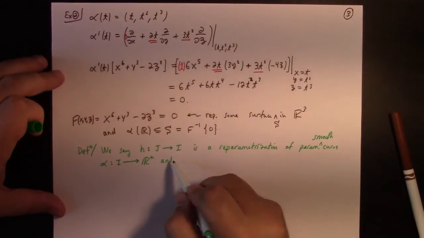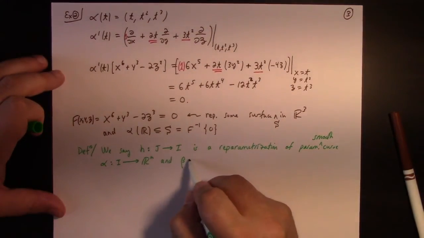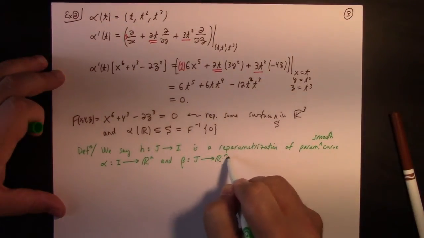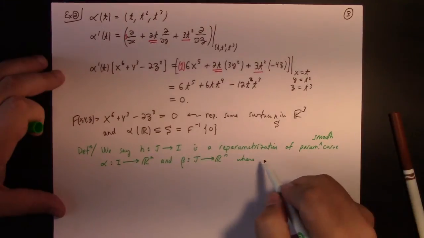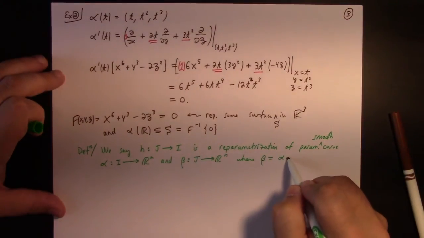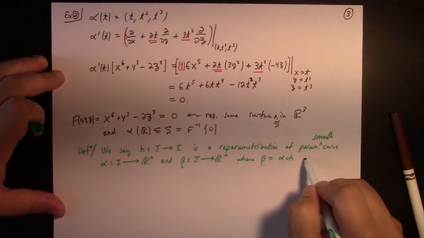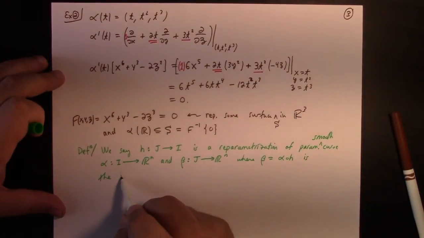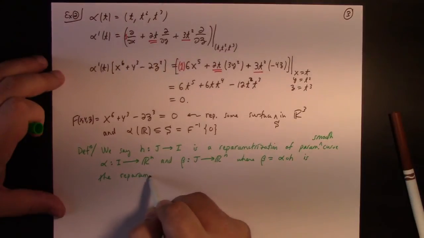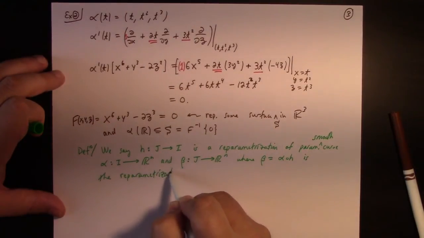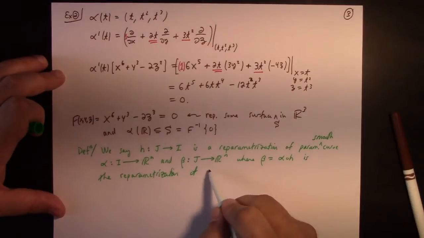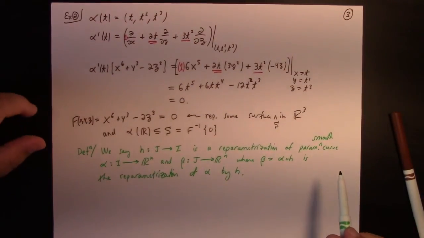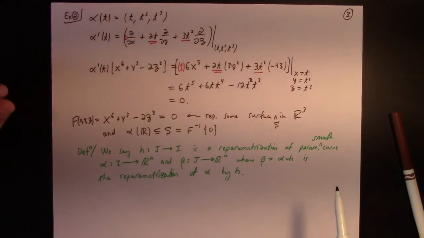And beta, in particular, goes from J to Rn, where we define beta to be equal to alpha composed with h, is the reparametrization of alpha by h. Often we choose h so that it changes, say, alpha to be arc length or something, right?